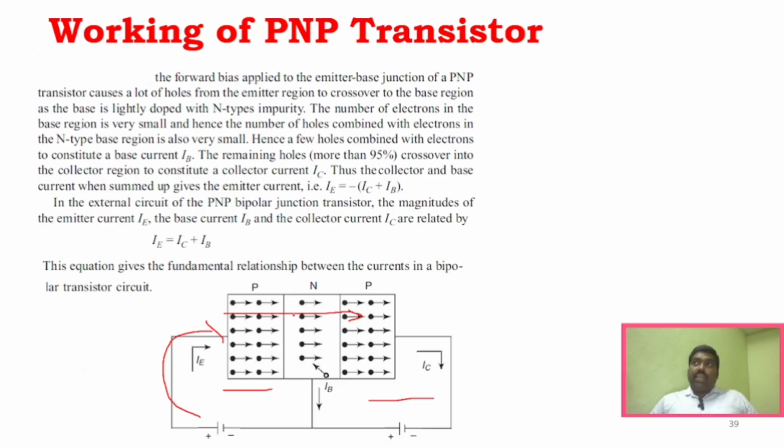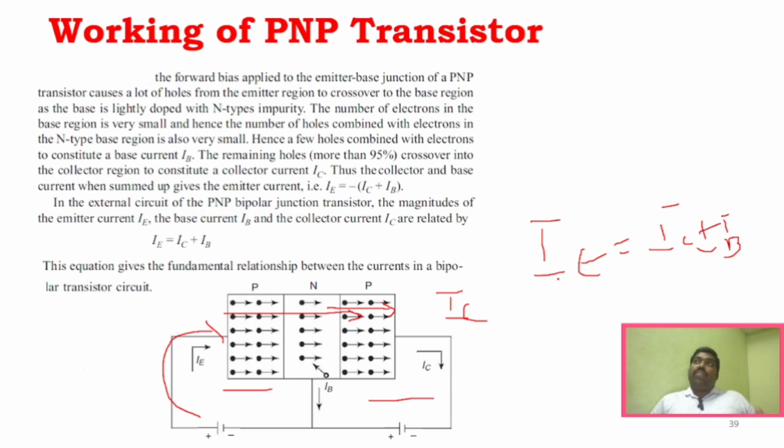First they cross this junction and reach the base, where you have fewer electrons because the width of the base is very small. Some of the holes will recombine with them, and the remaining 95% of holes will reach the collector, constituting the collector current IC. Once again, the emitter current can be written as IC plus IB. So the operation is the same.